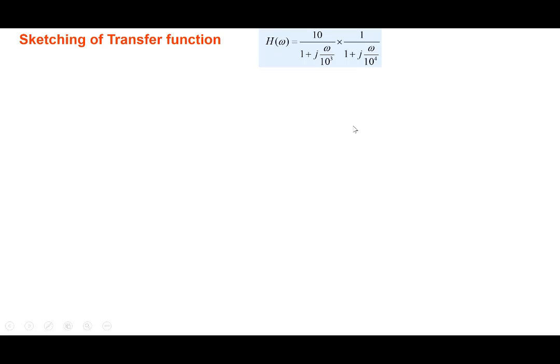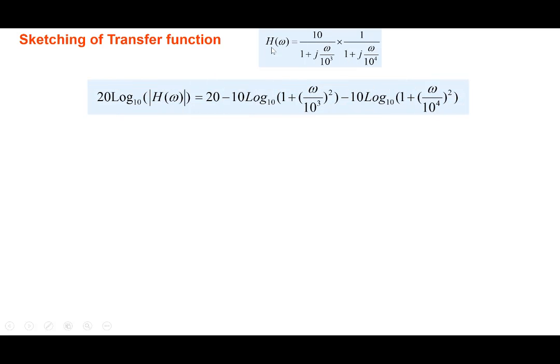Say we have done the analysis and obtained a transfer function expressed in this form. We take the magnitude, take log of it and multiply by 20 to get a value in dB. Since the transfer function is a ratio of voltages, we are taking 20 here.